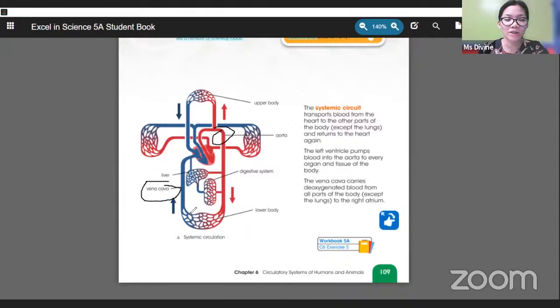So our organs, such as our brain, digestive organs, reproductive organs, and urinary organs, the deoxygenated blood comes from those organs and goes to the vena cava, and then the oxygenated blood coming from the heart goes to the aorta.